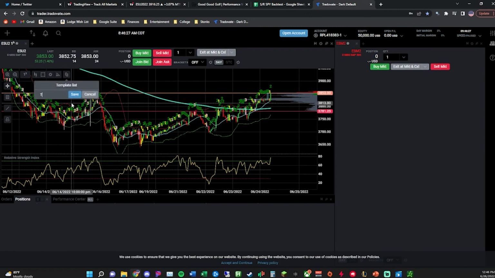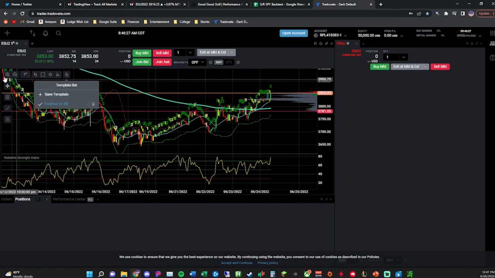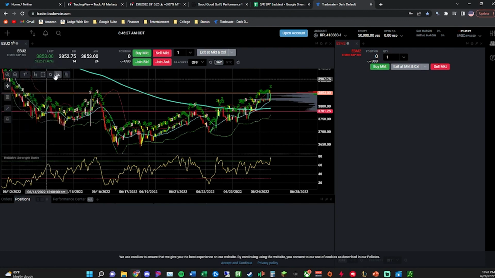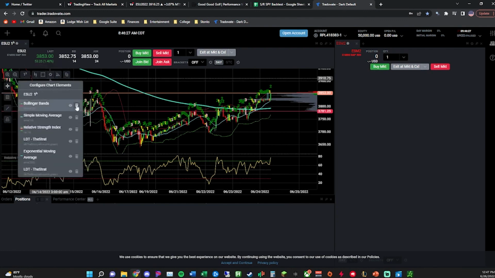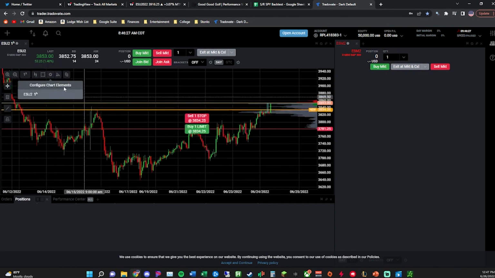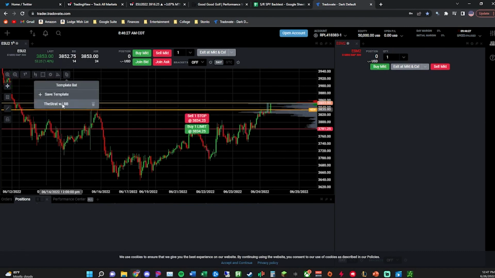So if I wanted to change this to the strat with Bollinger Bands, then I can do that. And then if I ever want to remove Bollinger Bands or certain indicators, like if I want to do this piece here and just remove all indicators and have a naked chart, I can do that and then go back to the templates.